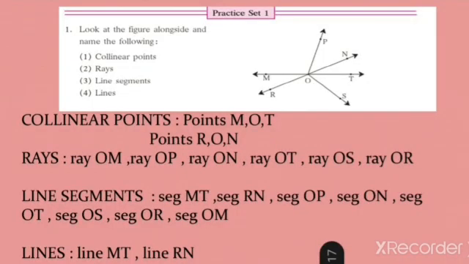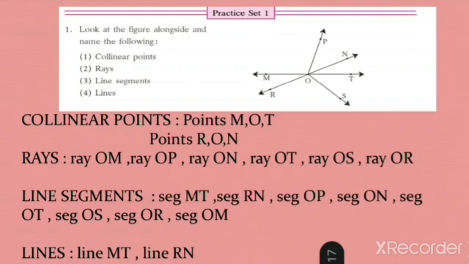Practice set 1, which is on page number 4 and 5 of your textbook. Look at the question properly. They have given a figure. And the question is, look at the figure alongside and name the following. First, collinear points. Students, I have explained to you all what are collinear points.